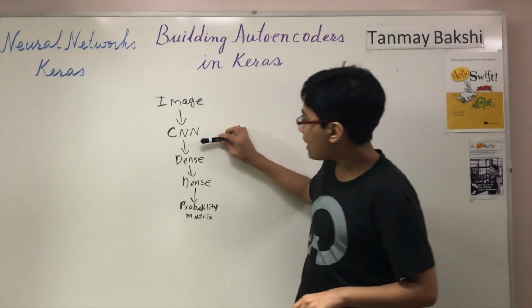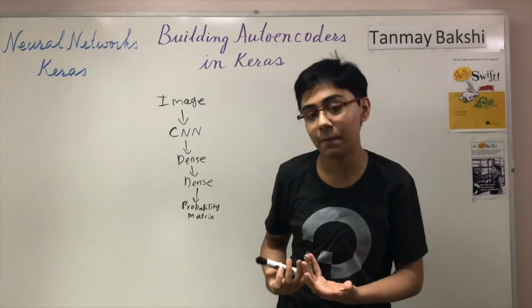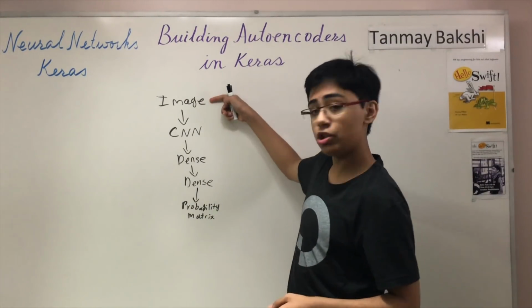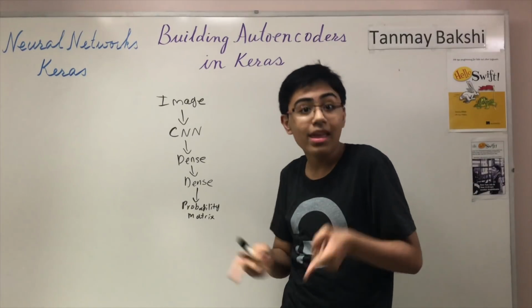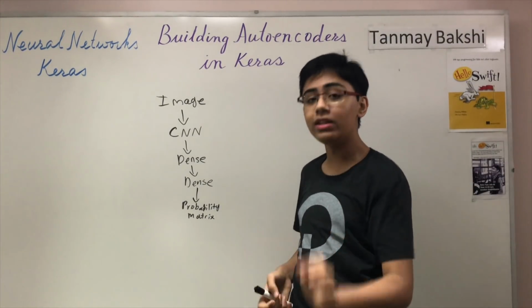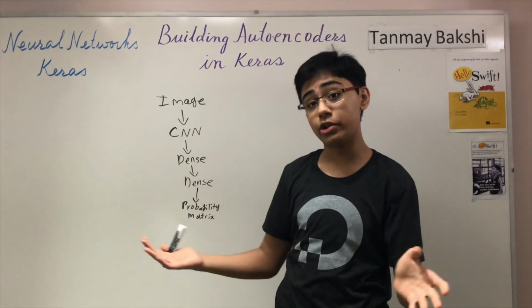Now, in between this step and this step over here are things called encodings. And encodings basically represent the input image in a semantic vector. And that semantic vector basically just stores all of the useful information of the image in a much smaller vector than the original image.